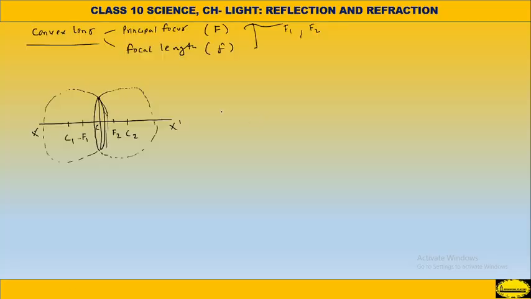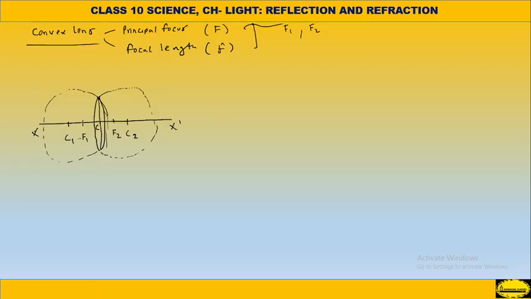The first principal focus f1 of a convex lens is the position of a point object on the principal axis of the lens for which the image formed by the lens is at infinity.